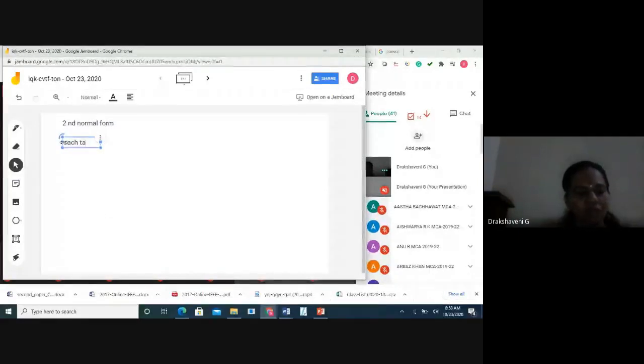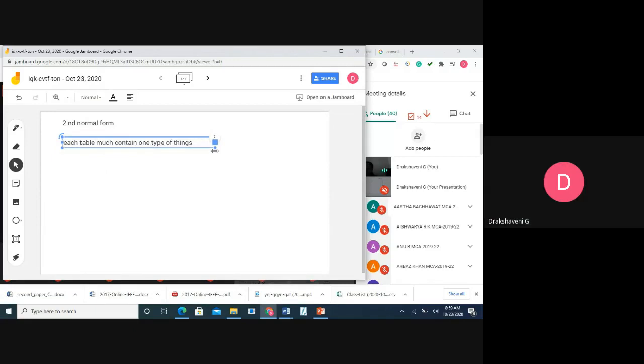When you say it is first normal form, second normal form, first each table must contain one type of things. This is the first one. Along with that, what is the other one we are saying?